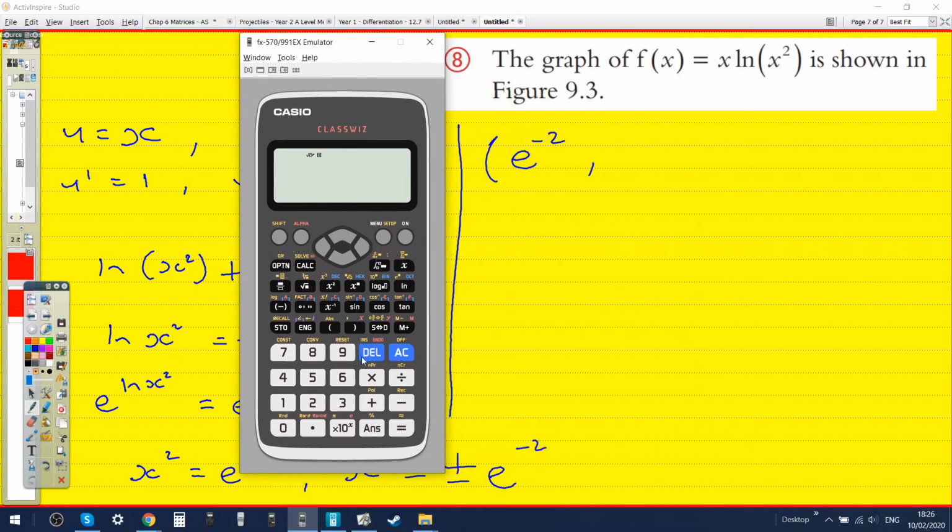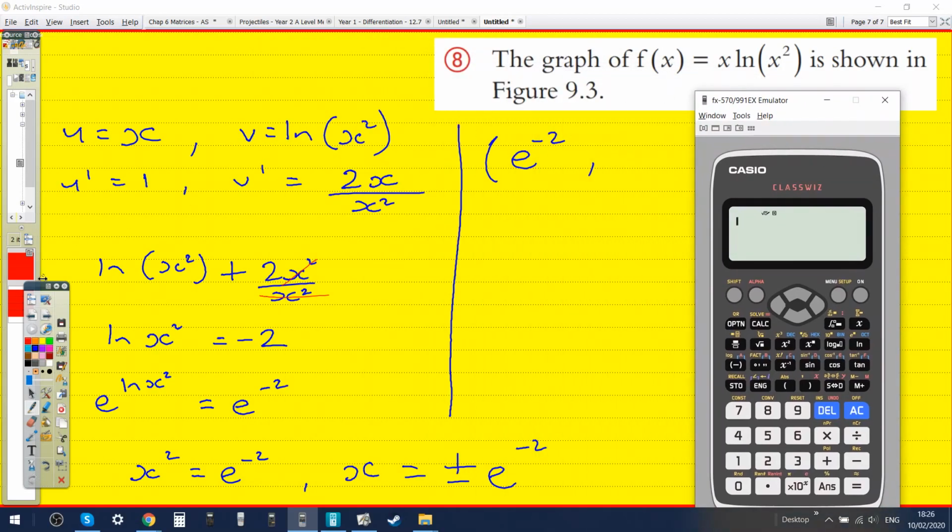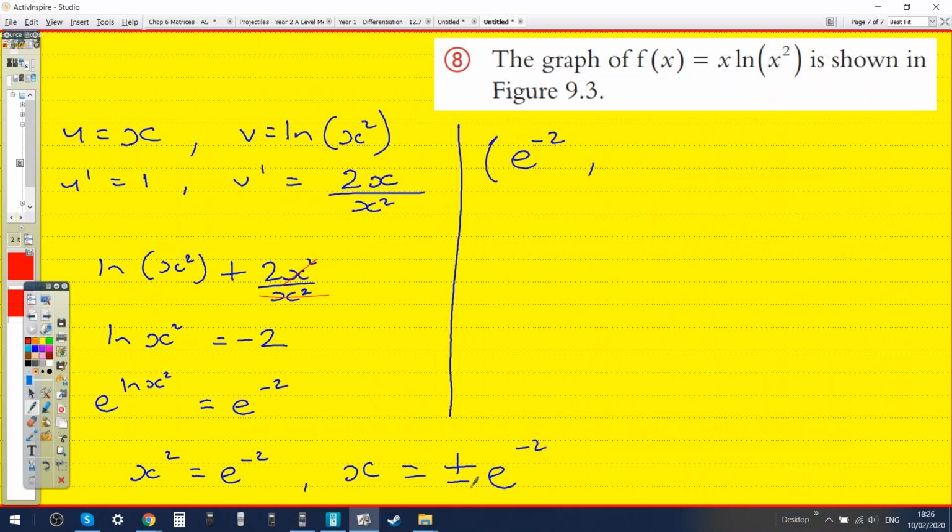Can you square root e? Yeah, you could. Oh, I think you just may have forgotten to write it down. Square root, and in fact, because it's to the -2, you could do 1 over e. So that's just 1 over e.